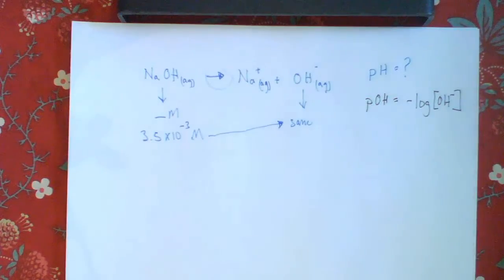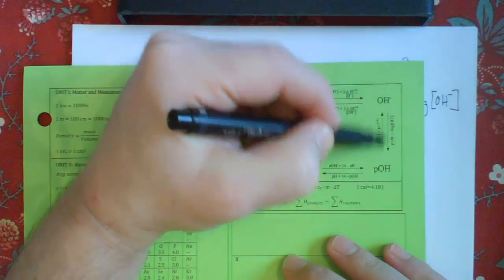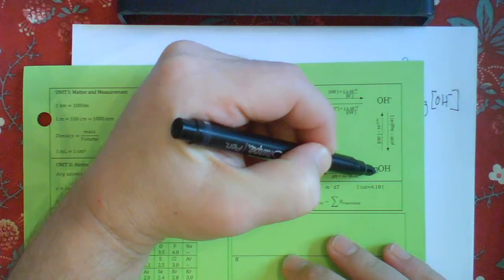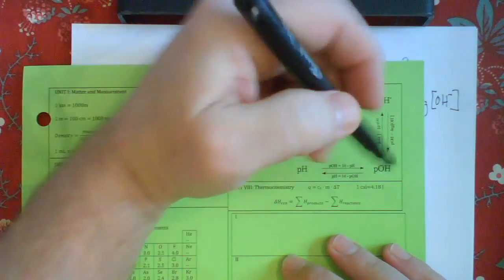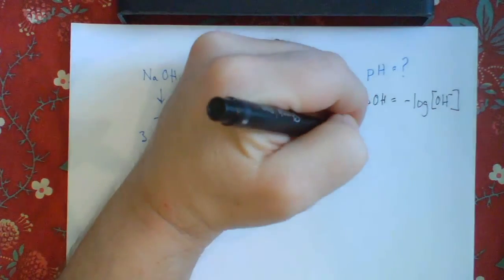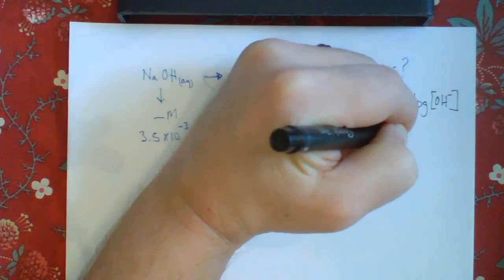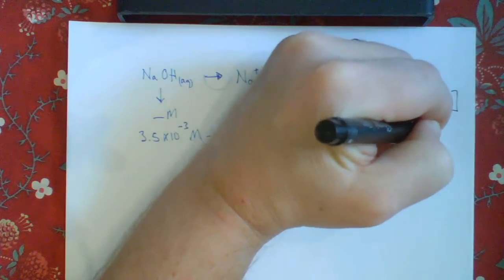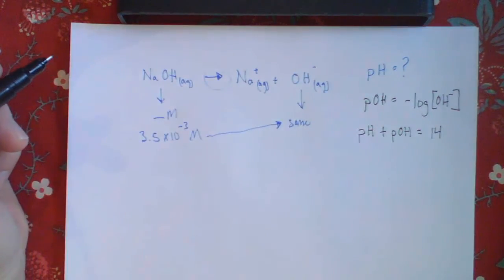What that does is it gives us another branch on our table here so we can go between these two. There's our pOH and there's our pH, and the math works the exact same. And to bridge between the two, we just know that the pH of a solution plus the pOH of the same solution will equal 14. So that ties us back into how we can get between the two.